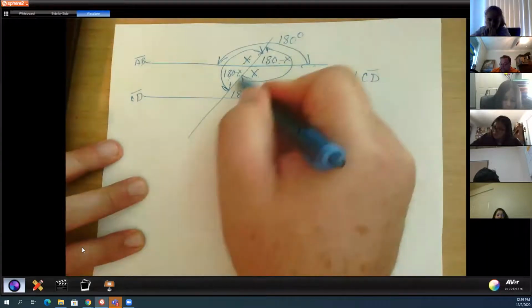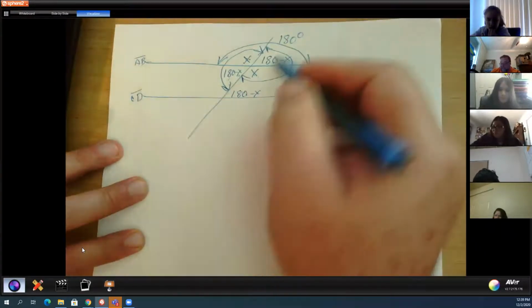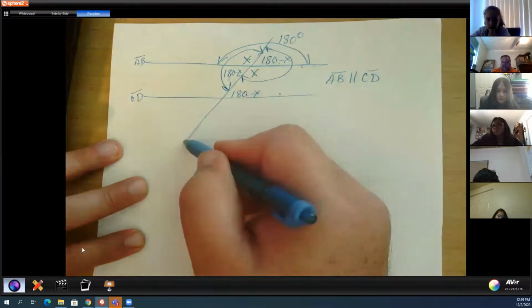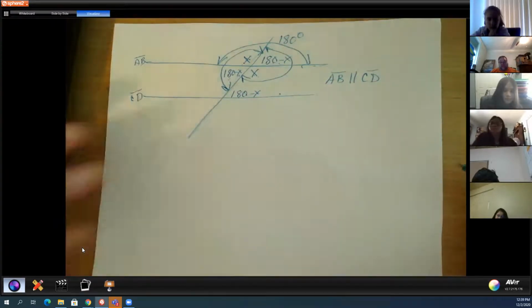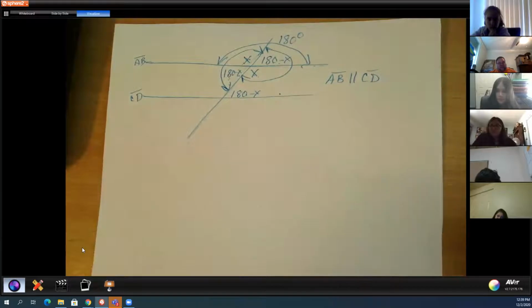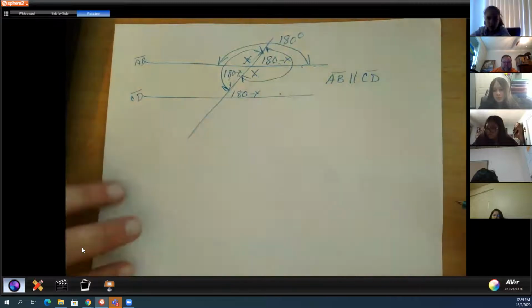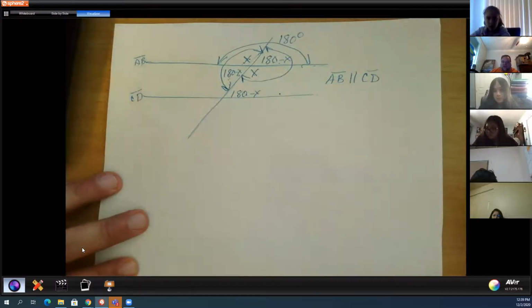Because this line is coming through this parallel line at exactly the same angle as it came through the top parallel line, right? Now remember, since they're parallel, they are exactly untouching. They will never intersect, okay? Also, they're on the same plane. Parallel lines are lines on the same plane that never intersect, okay?